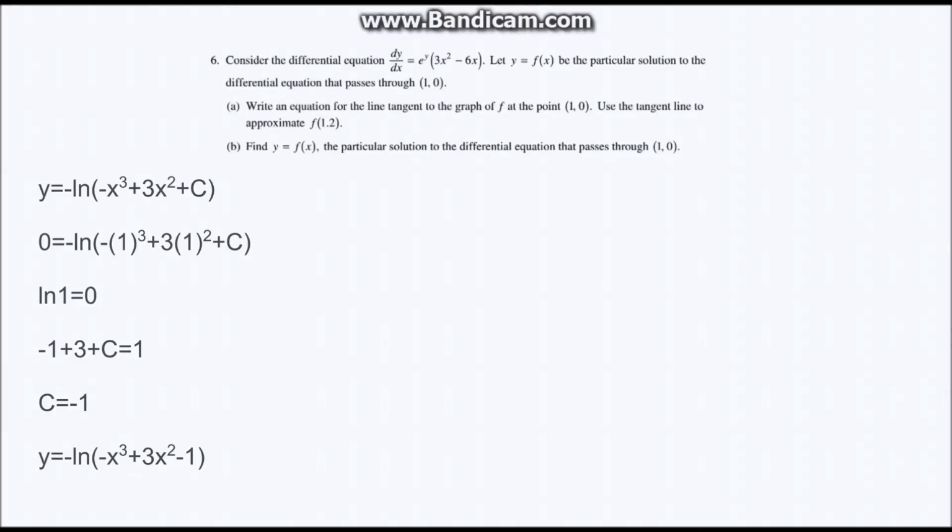Then we subtract 2 from both sides, and we get c is equal to negative 1. So for our final equation, the particular solution, we get y equals negative ln of (negative x cubed plus 3x squared minus 1).